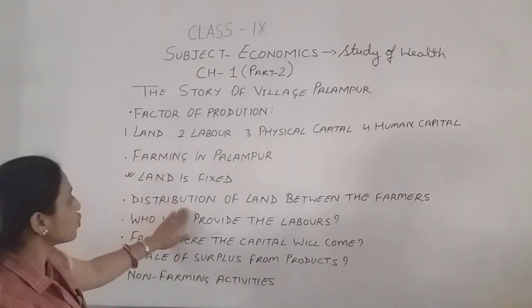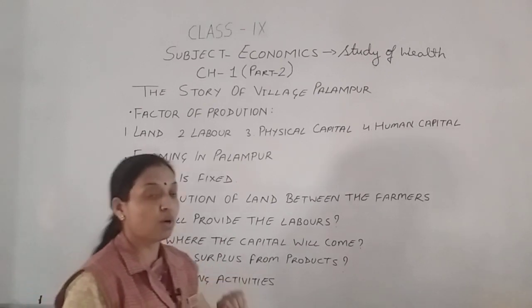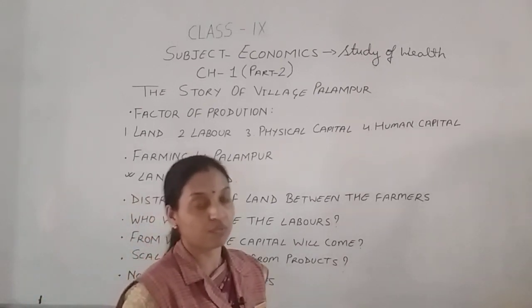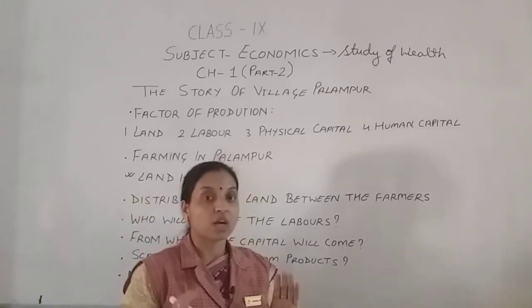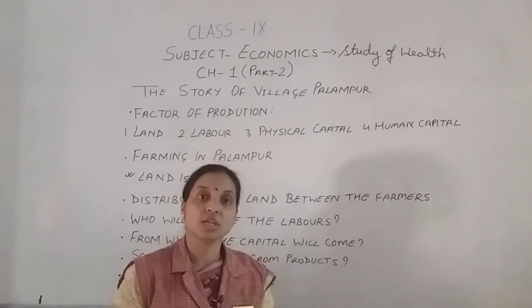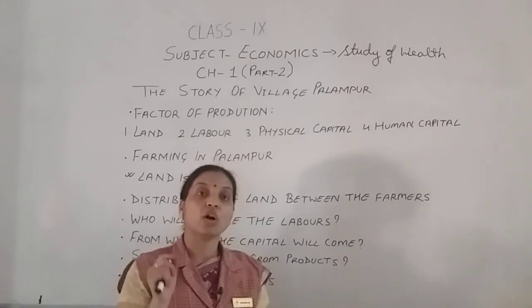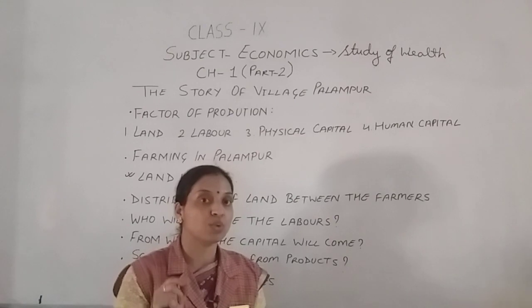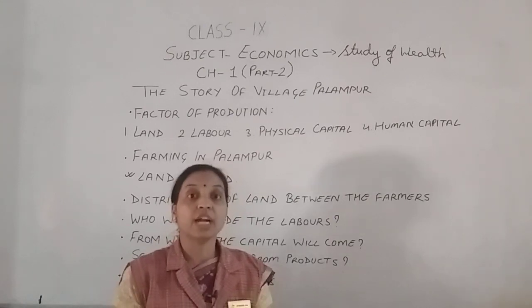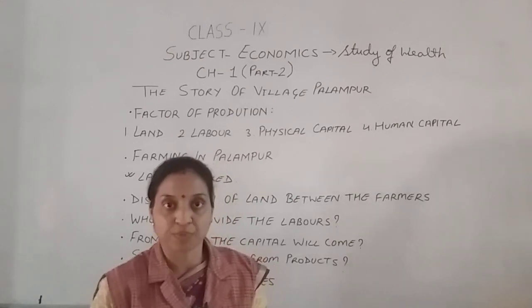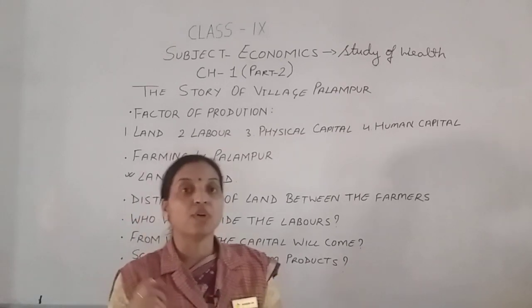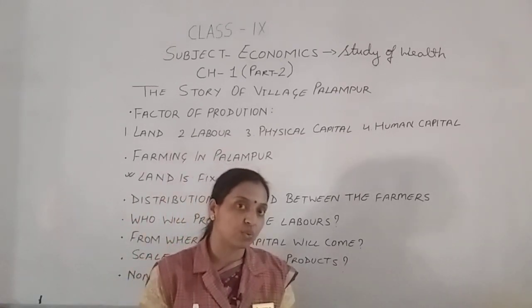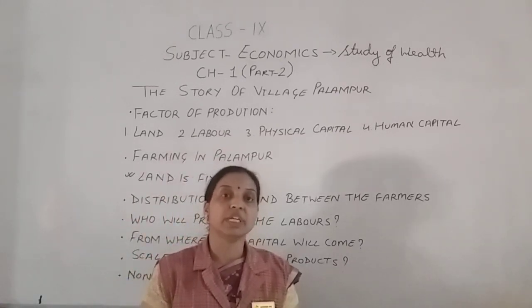Next one is distribution of land between the farmers. Now how is the land distributed between the farmers? Here it tells, according to the quantity of land. A farmer who has more than 2 hectares of land is called a rich farmer. A farmer who has 2 hectares of land only is called a medium farmer.